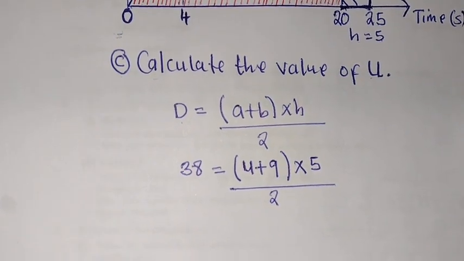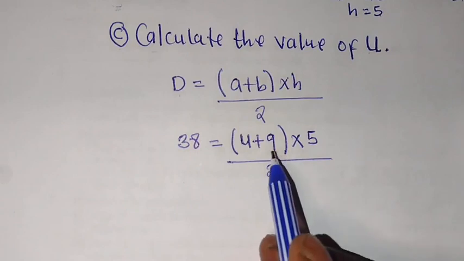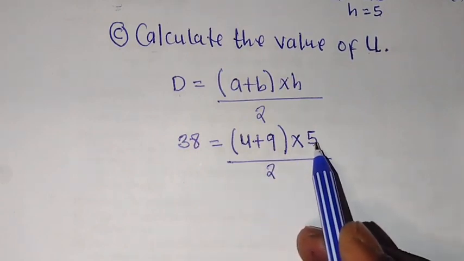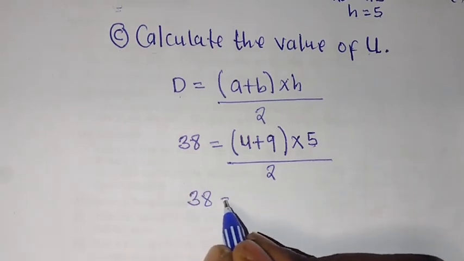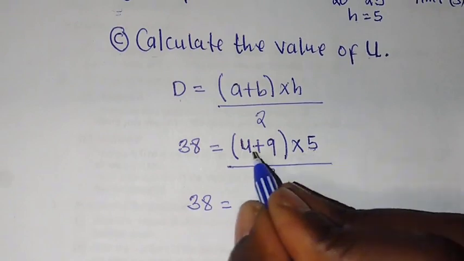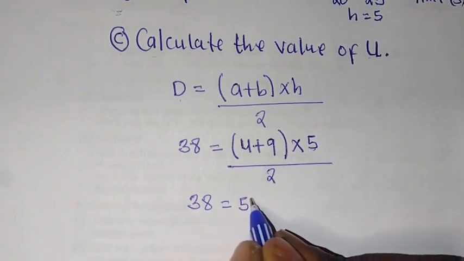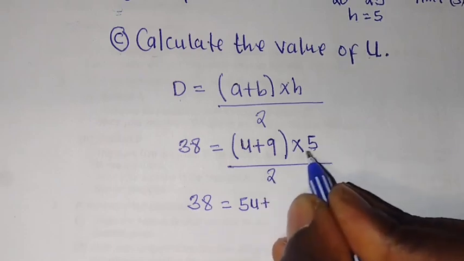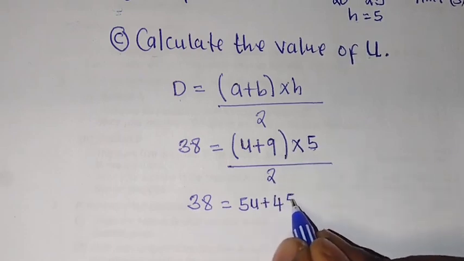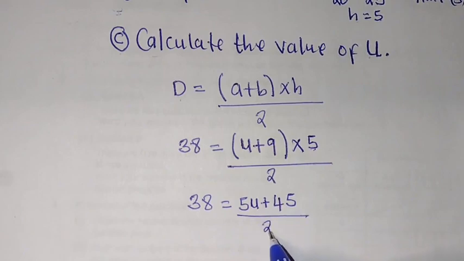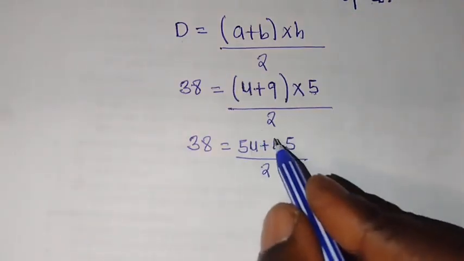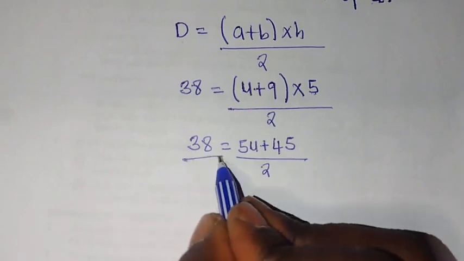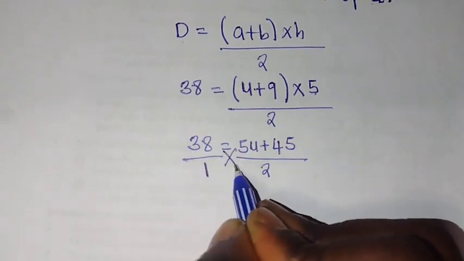From here, you need to open the brackets by multiplying with 5. So I'm going to write 38 equal to 5 times u, it's 5u, plus 5 times 9, this is 45, over 2. I hope that you are following. This is not a fraction, so we'll divide by 1 so that we cross multiply.